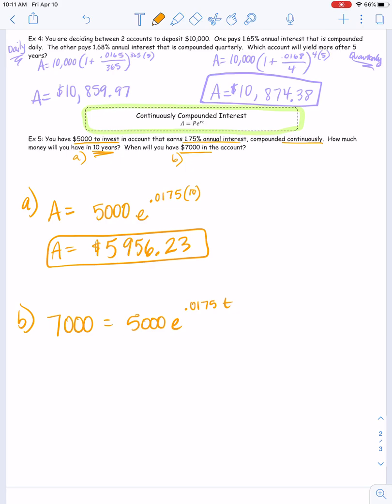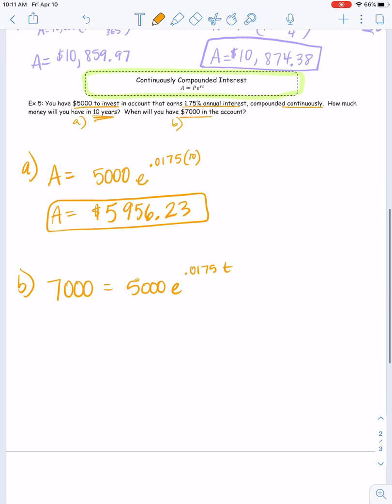Okay, again, this is how you solve, just like the problems earlier on in the notes. If you're using your TI, you'll do two graphs, find where they intersect. If you're using your Casio, you'll enter in your formula and you'll do an X calculation, type in that Y value of $7,000 and then it'll give you the X value. So if you want to pause and try that on your own, but however you figure it out, your t value is going to be about 19.23 years.